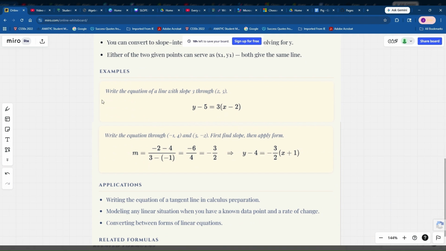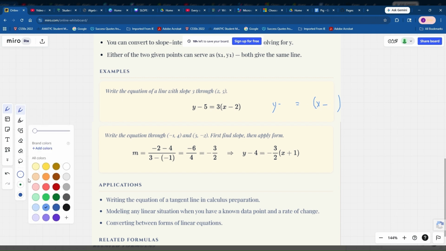It says, write the equation of a line with slope 3 through (2, 5). So we just take our equation of y minus y1 equals m times x minus x1, and we're replacing where we see a y1, where we see an m, and where we see an x1, because we have all three of those pieces of information.